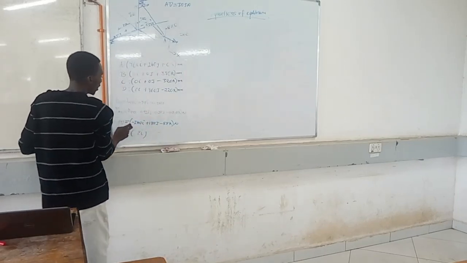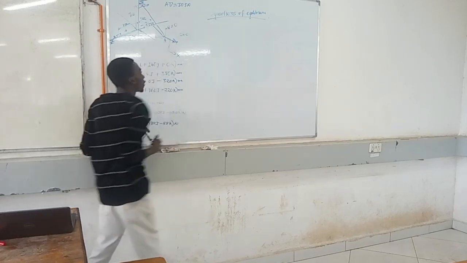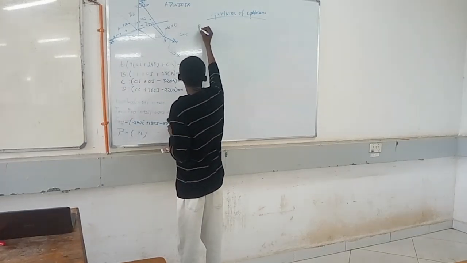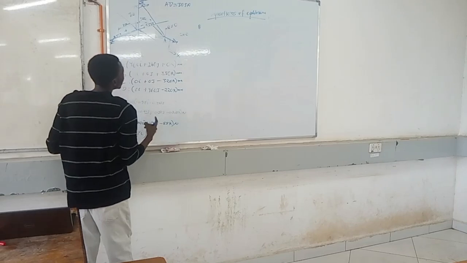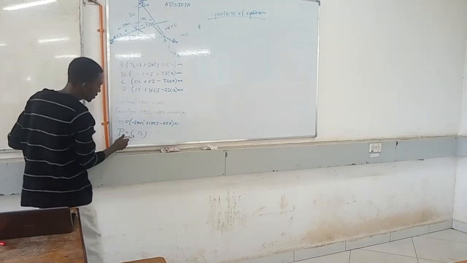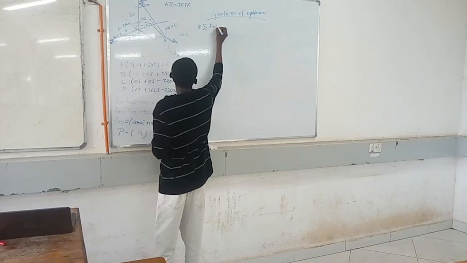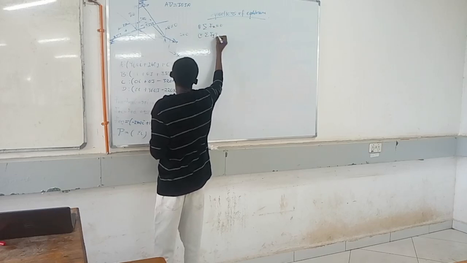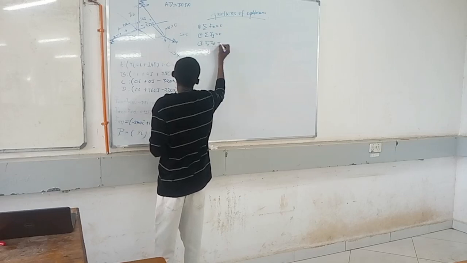That's why we have included this step. Equations of equilibrium: the first one, the sum of the forces in the x is equal to 0. Number 2, the sum of the forces in the y is equal to 0. Number 3, the sum of the forces in the z is equal to 0.